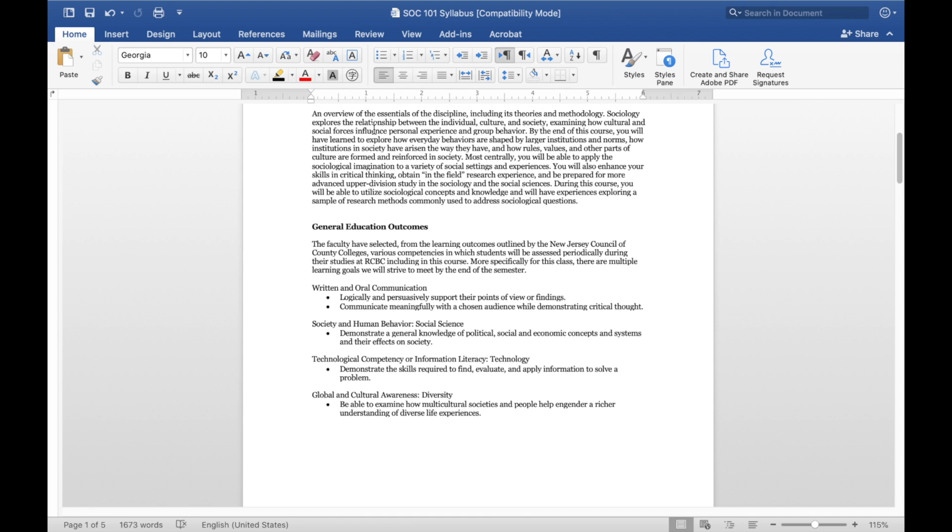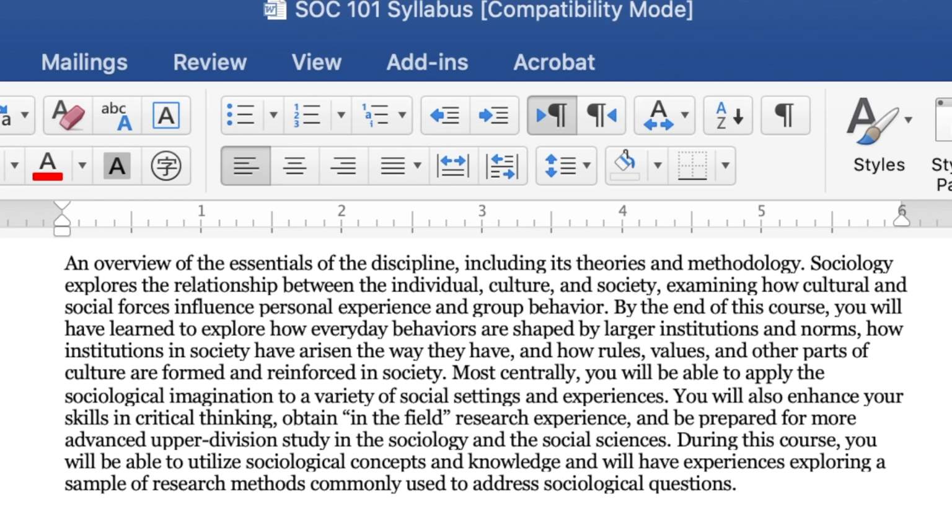Basically a brief summary of what it would be. So this is a sociology class, and I'm not going to read all of it, but the gist is that sociology explores the relationship between the individual, culture, and society. For any of you who are sociology majors, which is what I have my associate's in, or are taking sociology classes, this is your typical 101 class, introducing you to the field of sociology, which is the study of groups, basically.